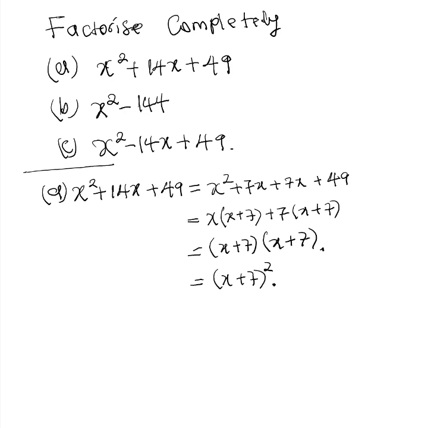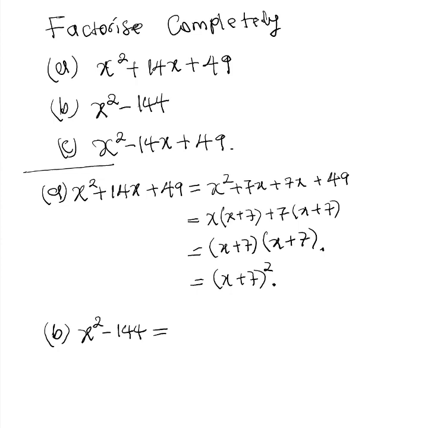X squared minus 144 is in a special case that we named as the difference of two squares, right? Because this is x squared, then 144 as mentioned there is 12 multiplied by 12.